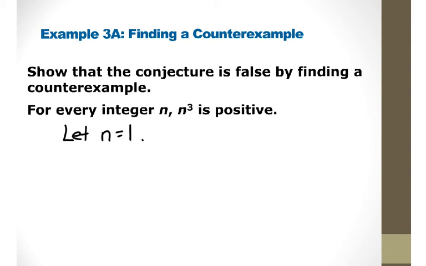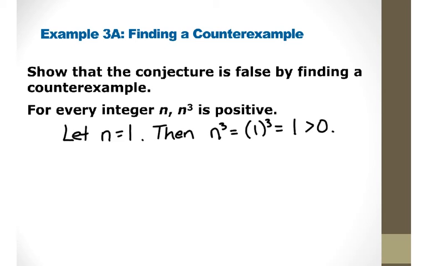If we let n equal 1, then n cubed is equal to 1 cubed, or 1 times 1 times 1, which equals 1. This n cubed is still a positive number, meaning it's greater than 0. So this statement is true.